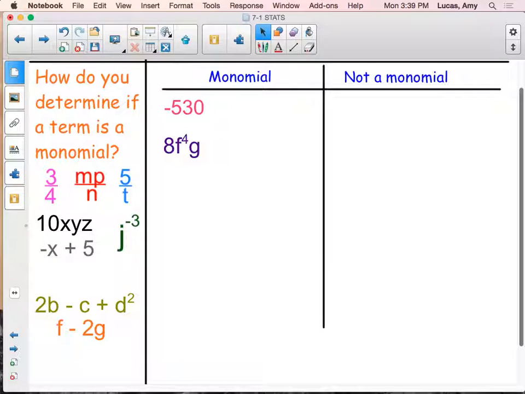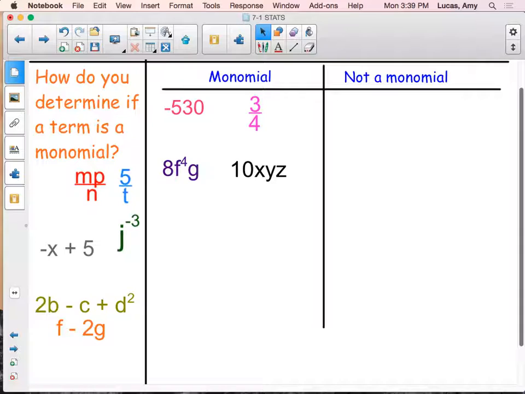A monomial is a product. It could be a constant number, or it can be numbers and variables multiplied together. So the product of a number and one or more variables. What else is a constant? 3/4 is a constant, so those are both constants. 10xyz is a product of a constant number and variables.